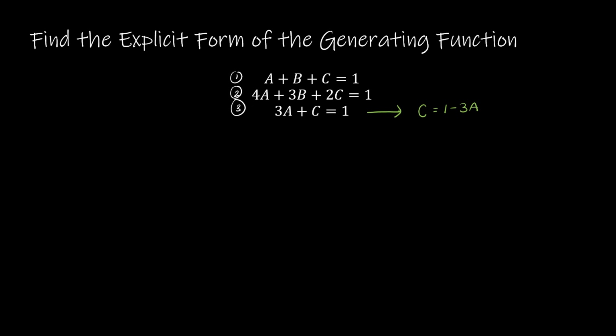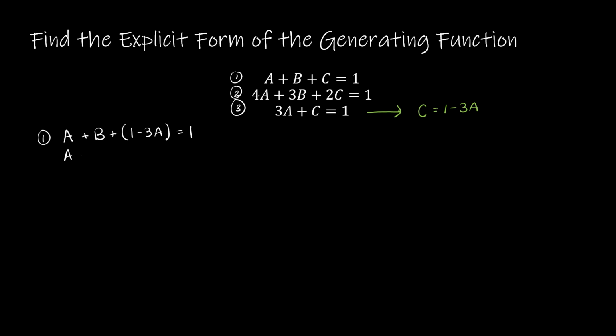So what that means is I'm going to take my first equation and I'm going to replace c with 1 minus 3a and then simplify it down so that I just have a very easy to deal with equation.